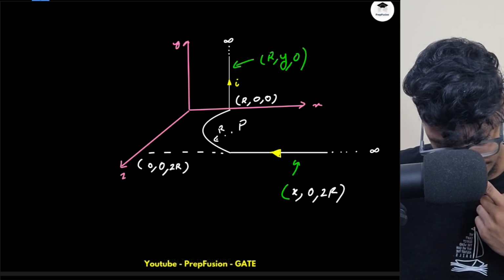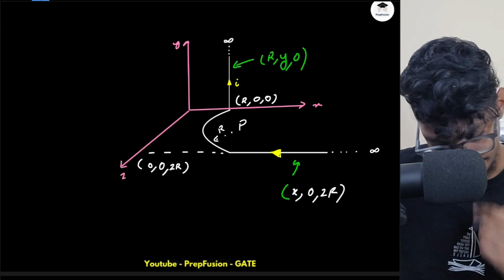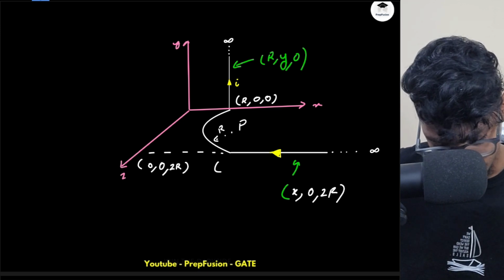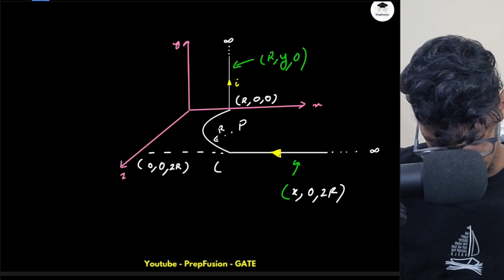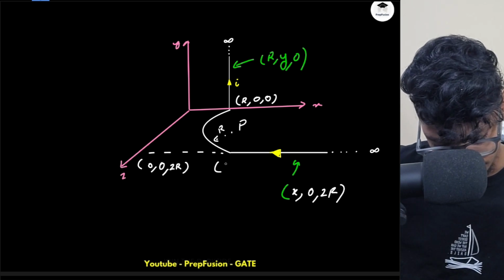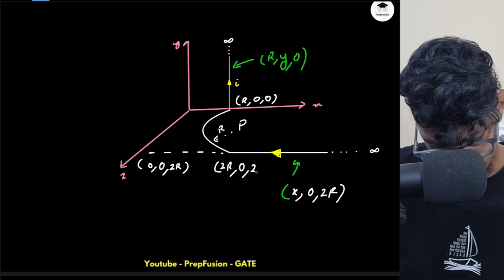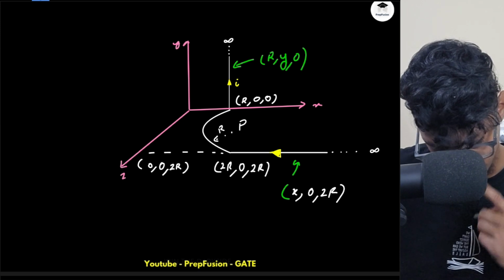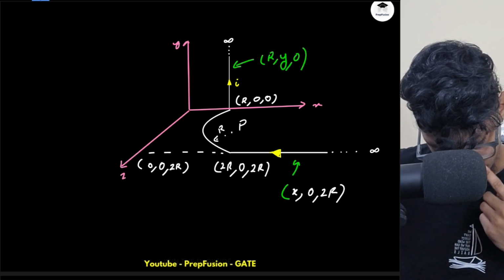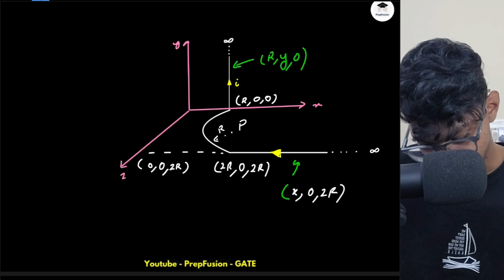If this is r, then this will be a problem actually. This point I can say anything right now. Let's assume it to be 2r comma, y has to be same and z is also 2r.